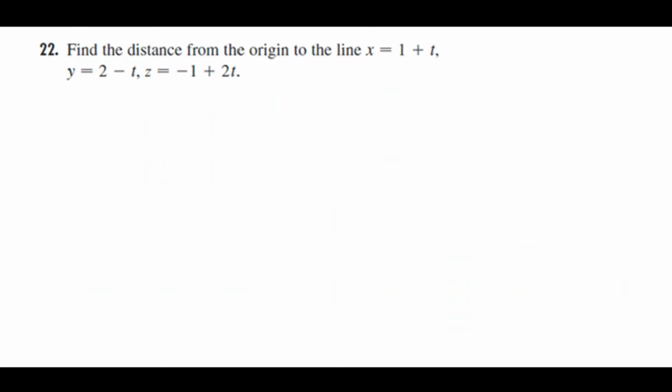Say our origin is here, like that. And then let's say this line just runs through somewhere in space, right? So I'm going to draw that line somewhere in space like that. How about that? So far, so good?